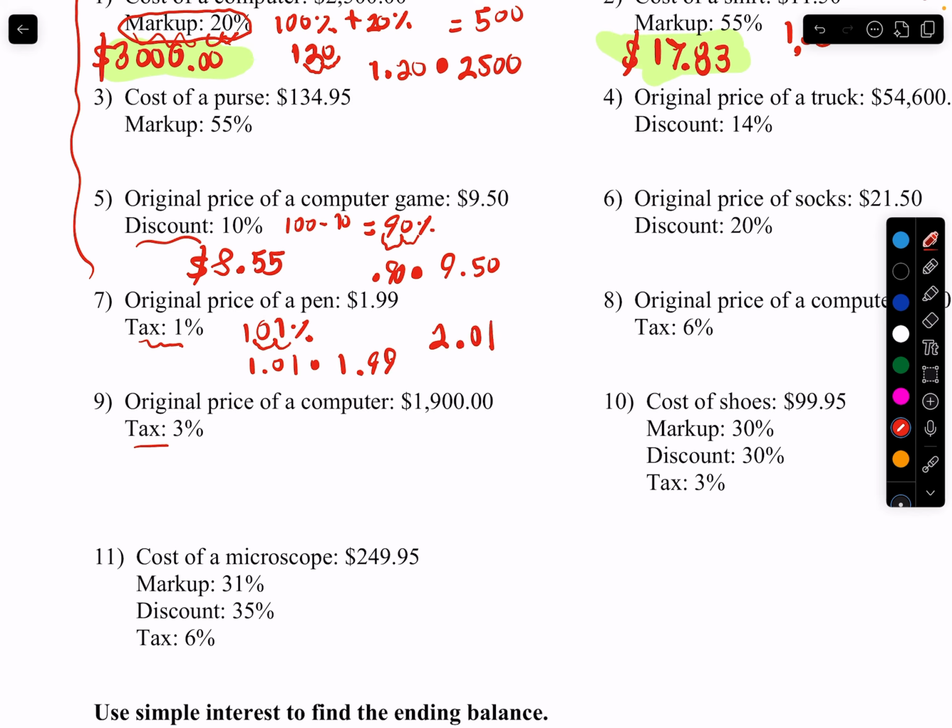You could say 2.01 if you want to round up. Usually when we have to pay more money, the store is definitely going to round up, okay?